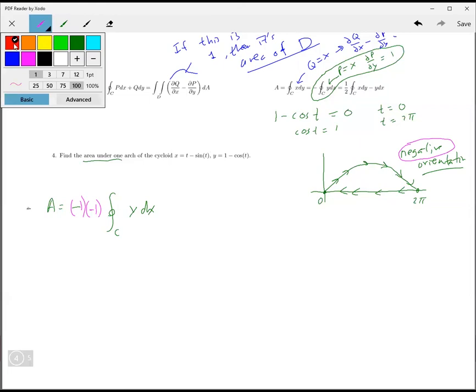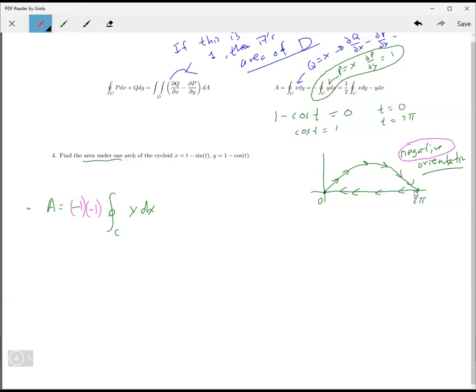Okay, and then this part right here, we'll call that C2, and we'll call this part of the curve C1. So this part's C1 and that's C2. So these negatives are going to cancel out.